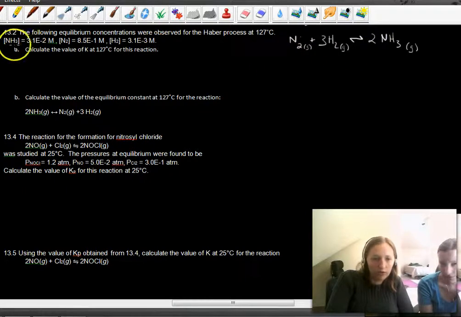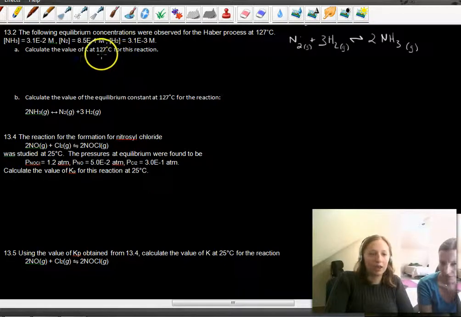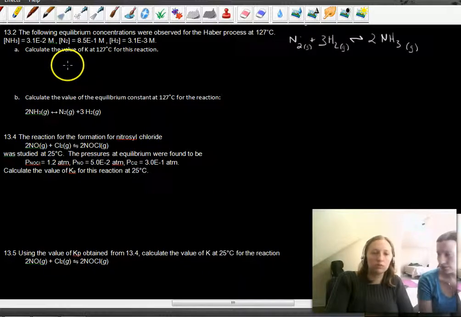So these gases, the following concentrations were observed for this. The concentration of ammonia is 3.1 E negative 2 molar. Concentration of nitrogen is 8.5 E negative 1 molar, and the concentration of hydrogen is 3.1 E negative 3 molar. And it says calculate the value of K at 127 degrees for this reaction. So we set up our equilibrium expression equal to our equilibrium constant.